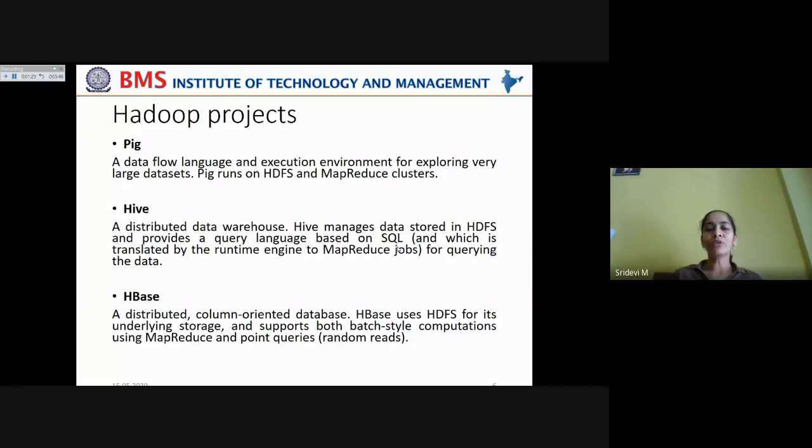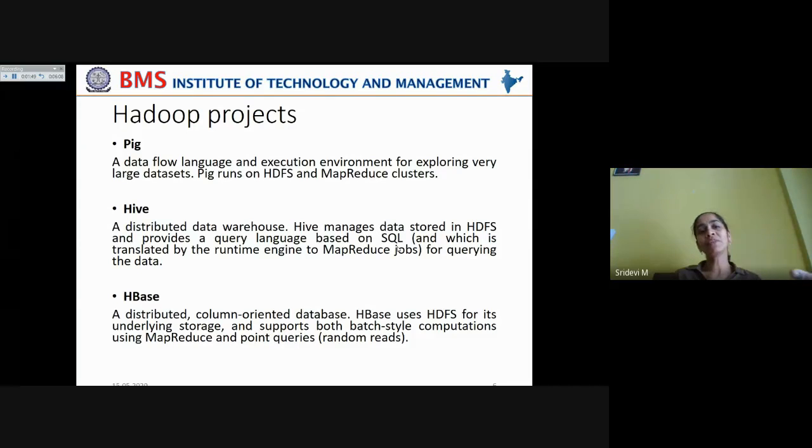So it is mainly used for querying the data on the clusters of HDFS, and even HBase is another project under this Hadoop platform. This is a distributed column-oriented database, and HBase uses HDFS for its underlying storage.